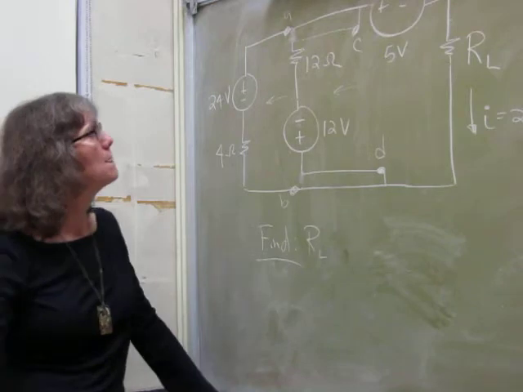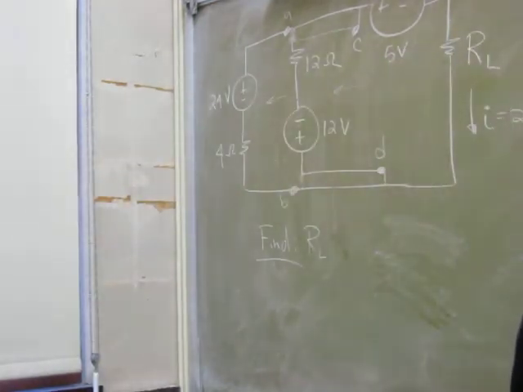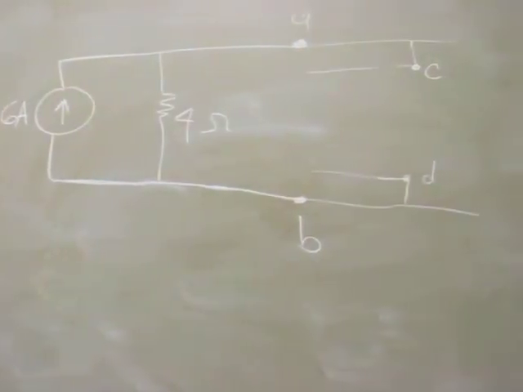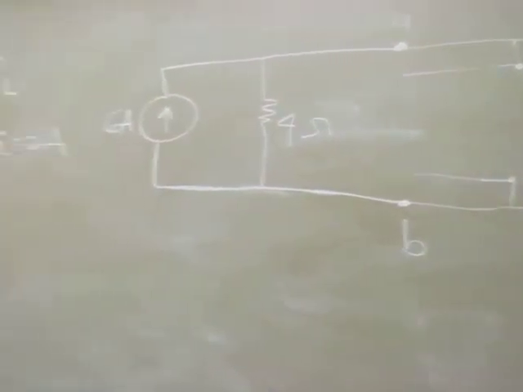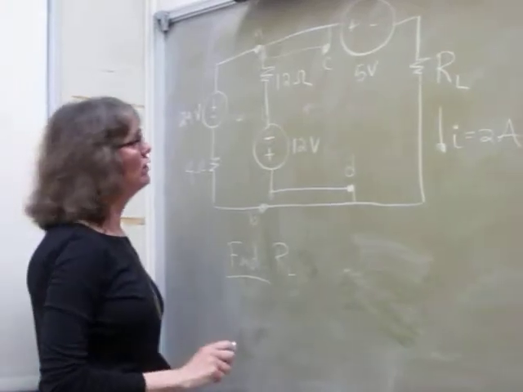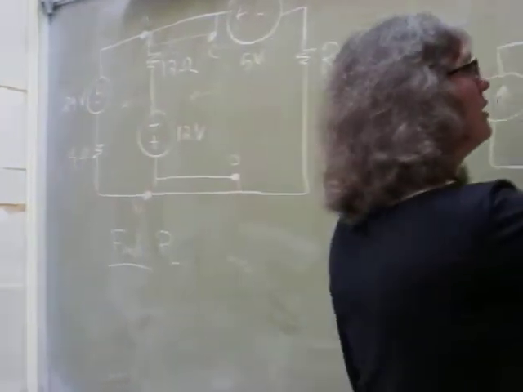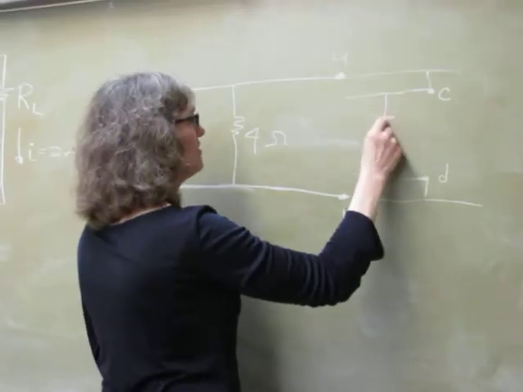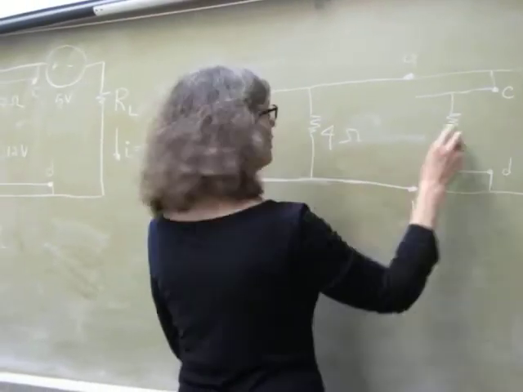Here's C. Here's D, and now I'm going to do that source transformation. So again, I've got a 12 ohm resistor in series with a 12 volt voltage source, so I can do it like this.